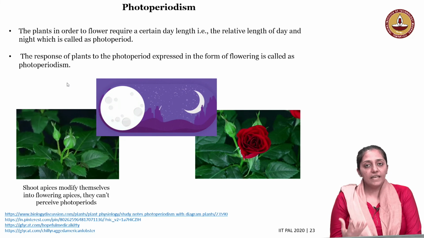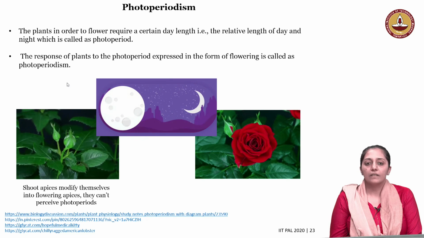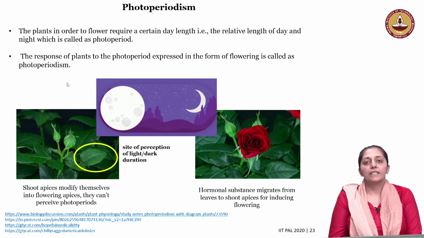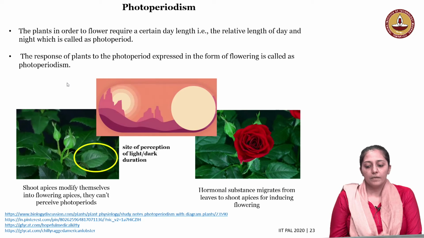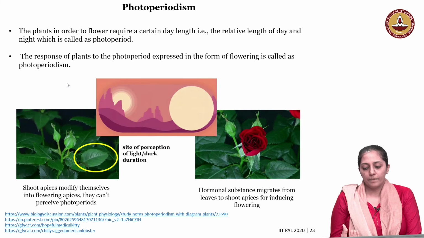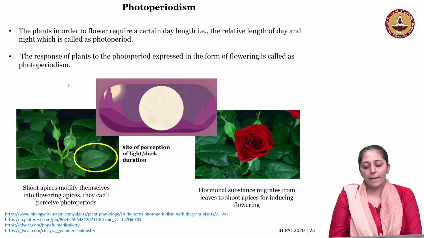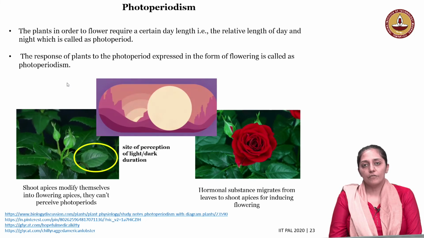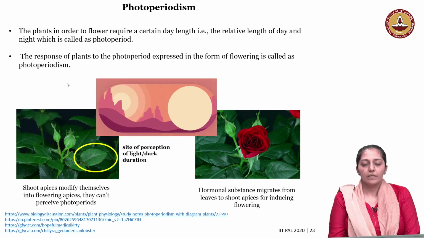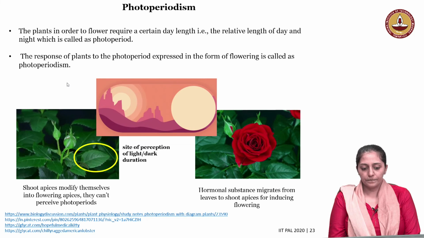So, the leaves which are present nearby, because they can perceive photoperiod, that is the site of perception of light-dark duration, which then leads to a hormonal substance migrating from the leaves to the shoot apices for inducing the flowering. So, this is how the plant regulates the flower bud maturation to flower.